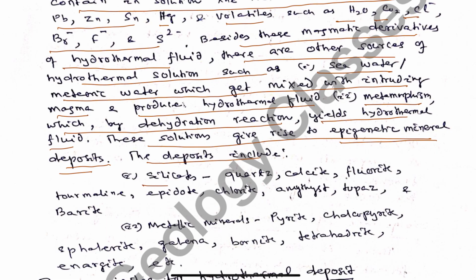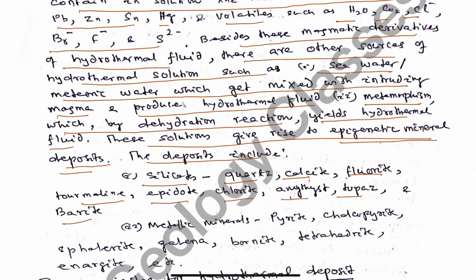And the deposits include silicates such as quartz, calcite, fluorite, tourmaline, epidote, chlorite, amethyst, topaz and barite. So these are some of the minerals produced by the hydrothermal fluid.